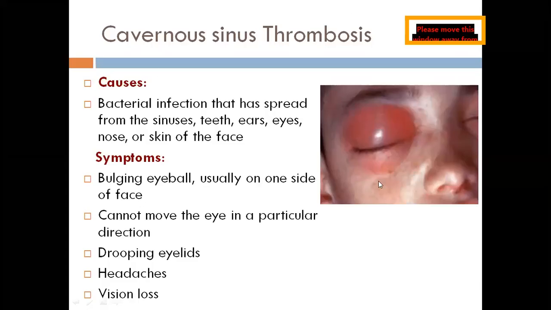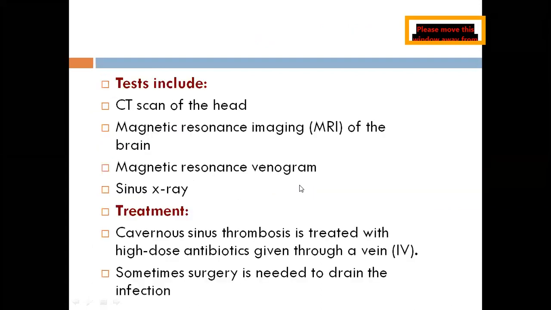You can check one more slide which shows us cavernous sinus thrombosis. The causes are bacterial infection that has spread from the sinuses. The infection may also spread from the dangerous area of the face involving teeth, ears, eyes, nose or skin of the face. The clinical symptoms are a bulging eyeball, usually on one side of the face, inability to move the eye in a particular direction, drooping eyelids, headache and vision loss.